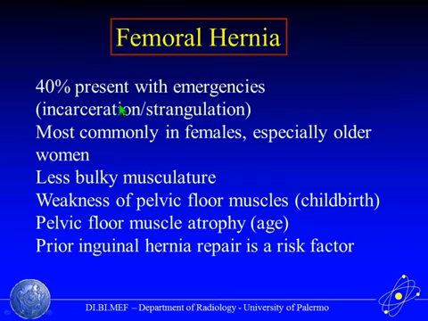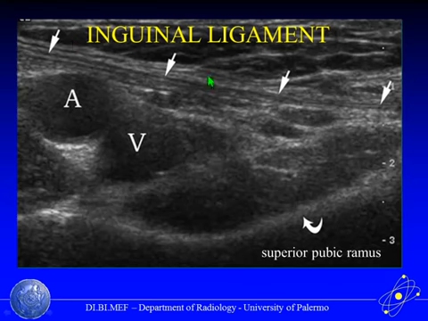Femoral hernia may present with emergencies such as incarceration and strangulation, because this structure, the inguinal ligament, is rigid. If hernia passes below this ligament, it may become incarcerated.